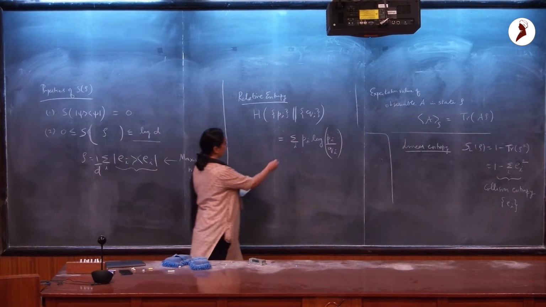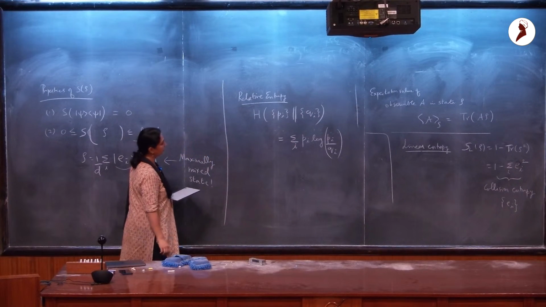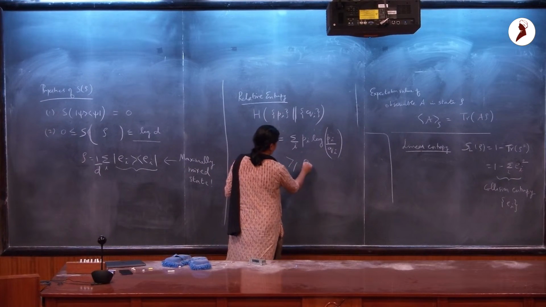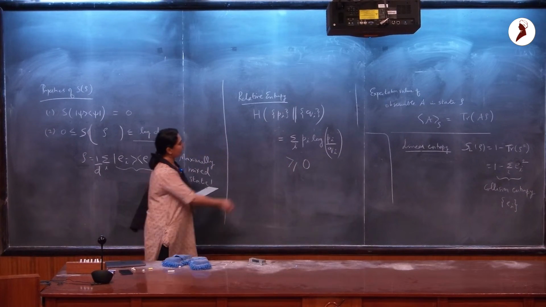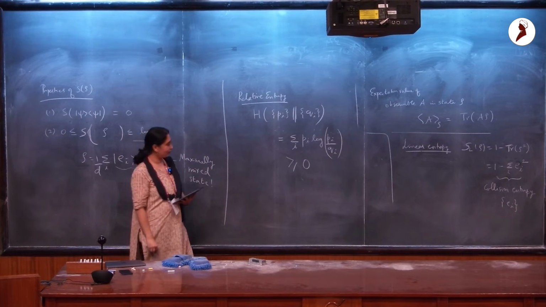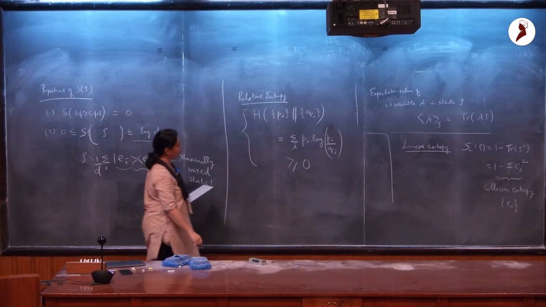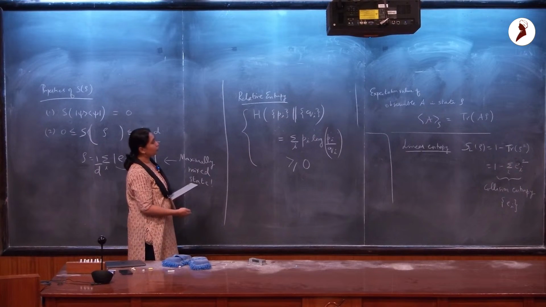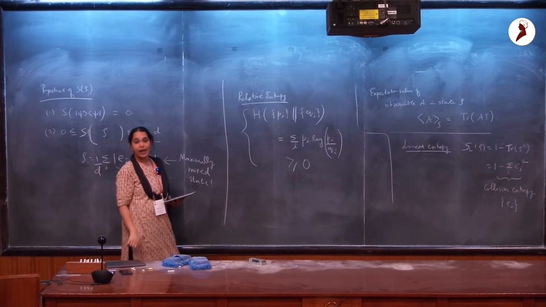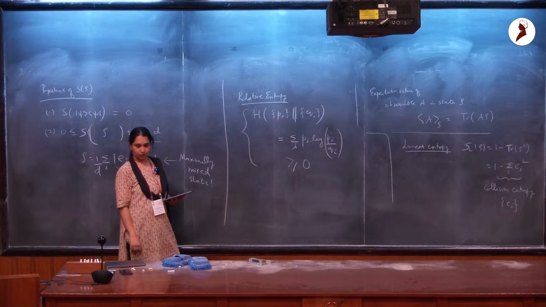This is a very useful quantity to know and study, both in the classical and the quantum case. It can be shown that this relative entropy is always positive, as it should be if it's a distance measure, right? And the positivity of this relative entropy can be used to show that the maximum of the Shannon entropy is log D, and that the distribution that attains it is the uniform distribution.